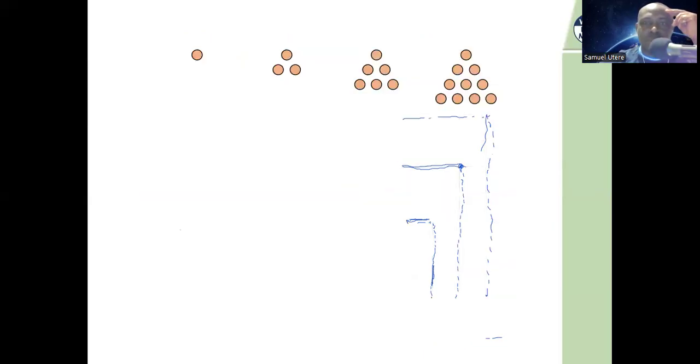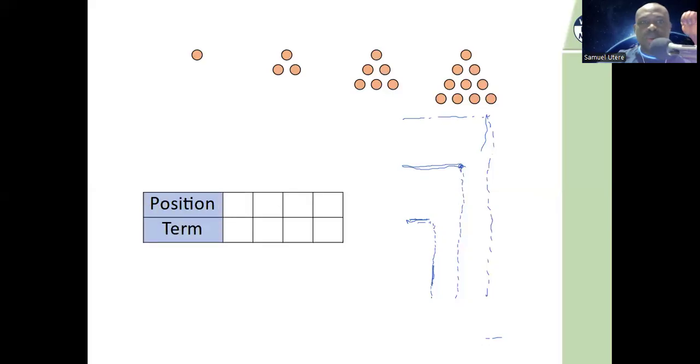Okay, you've succeeded in putting the sequence in a graphical form. Here is this one. If we look, we'll see that that's position 1. The term value is 1. So let me write term value. You should remember that. Position 2, the term value will be 3, because you can see there are 3 items there.